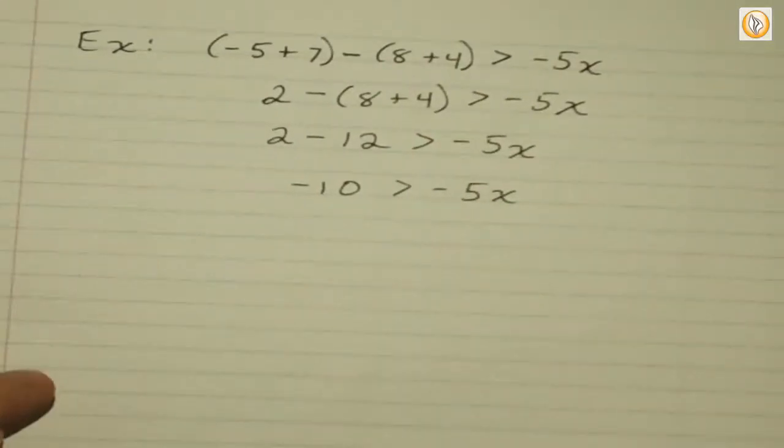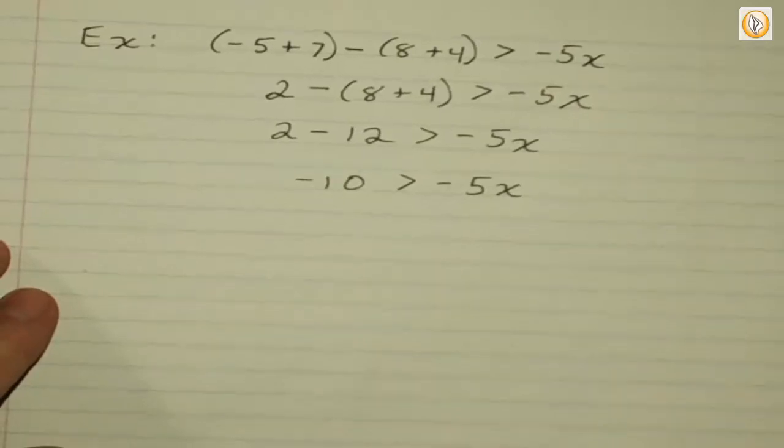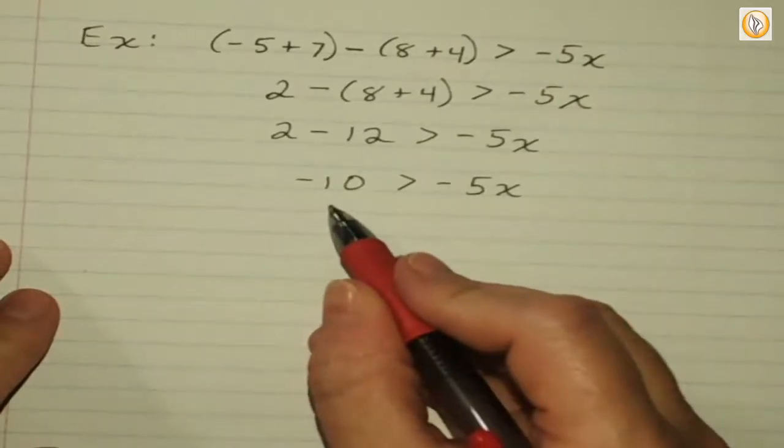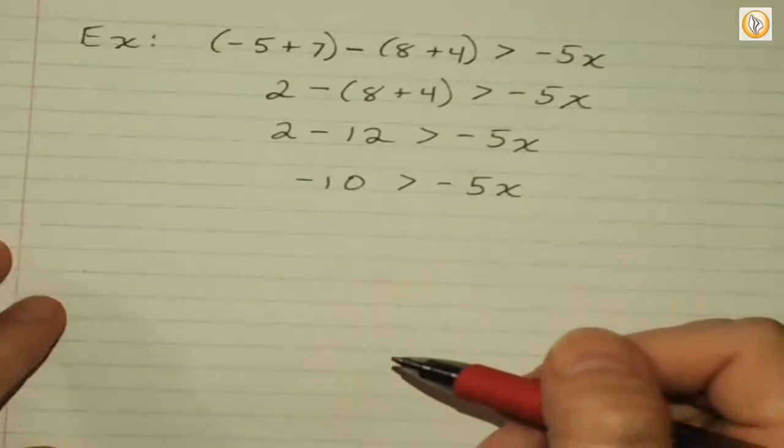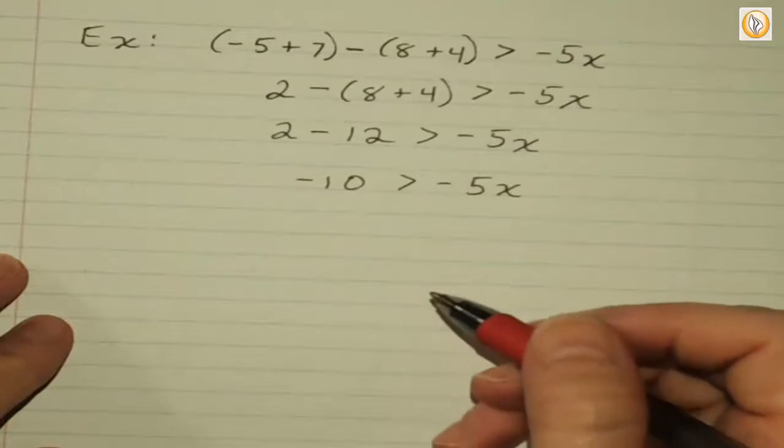All right, Joseph or Madeline, what do I do now? One of you better step up. Joseph? You add 10. I have negative 10 over here and negative 5x over here. We're trying to solve for x.